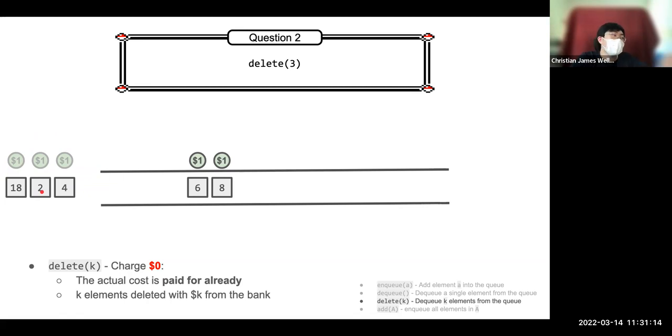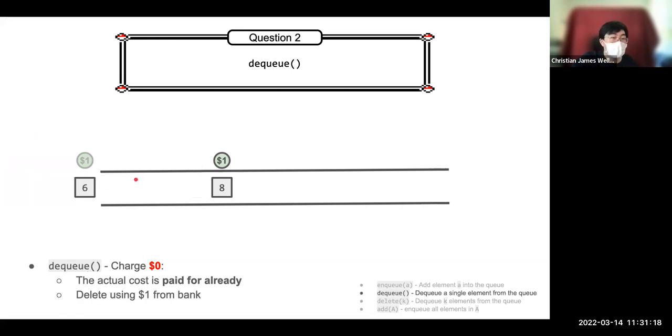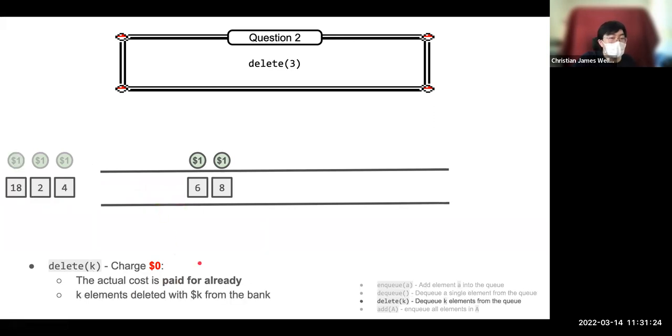In a sense, someone in the past has paid in advance for you to be DQ'd. And for a normal DQ, that's also $0 because it's been paid for already. Notice I have K elements, but never mind the K, those K elements have been paid for to DQ.